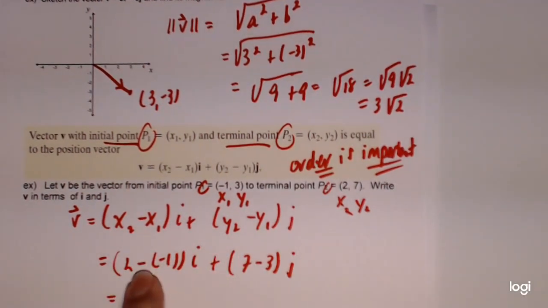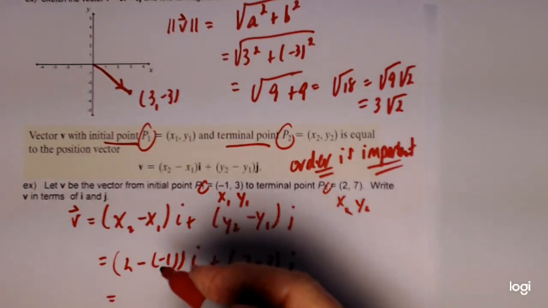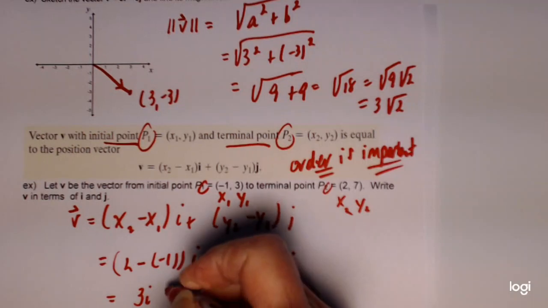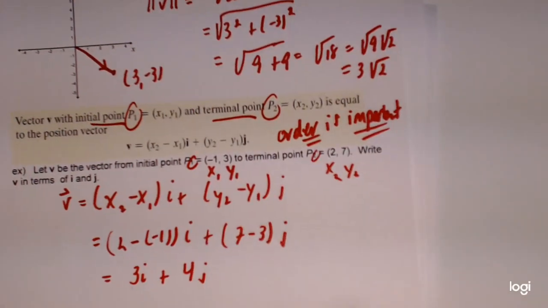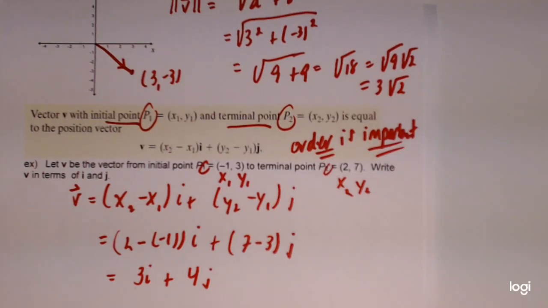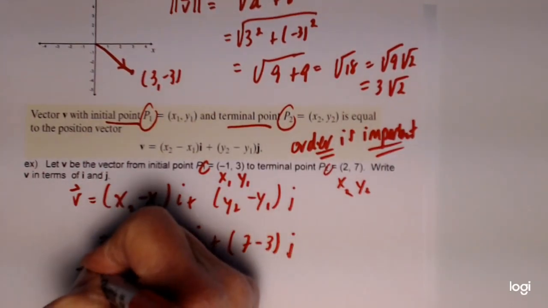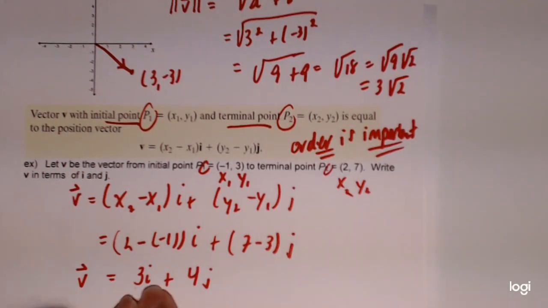So here now, negative is positive, so we have 2 plus 1. So we have 3i plus 4j. So that was what we were to do here. Just take the points and come up with it in its vector form using I and J. Remember, I is the unit vector in the direction of the x-axis, and J is the unit vector in the direction of the y-axis.